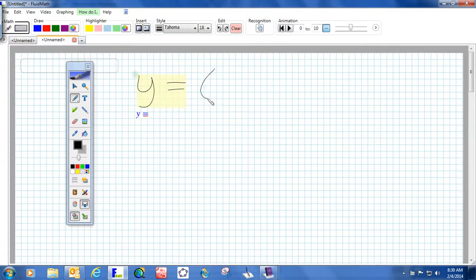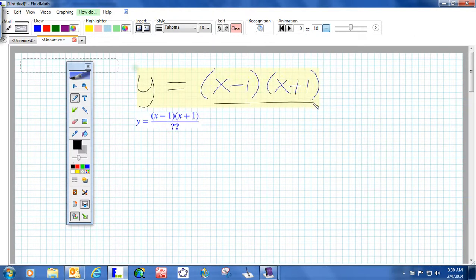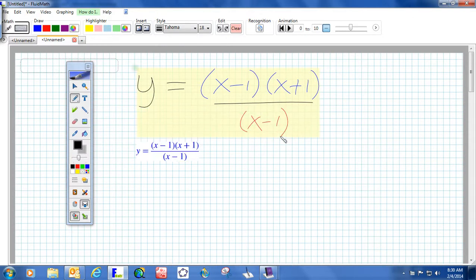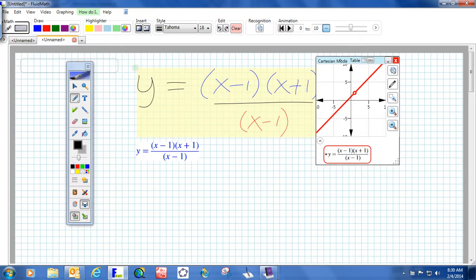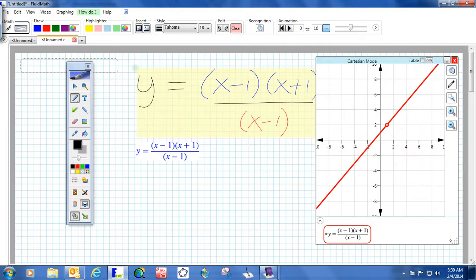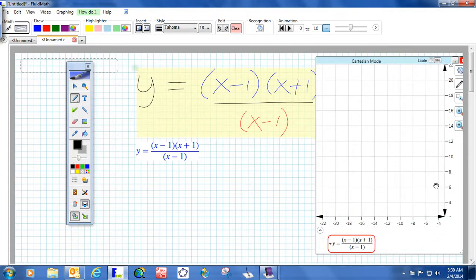that works. So x minus 1, x plus 1, and this is all divided by x minus 1. Let's see how this thing does with graphing. It does a nice job. So you see our hole in our graph there at x equals 1?